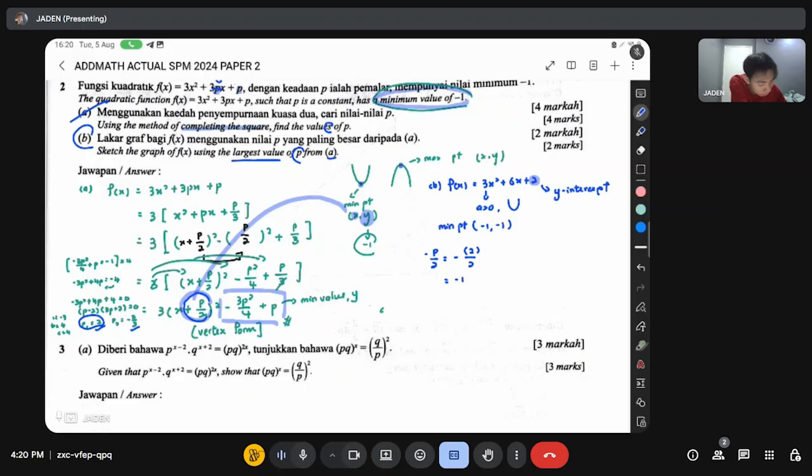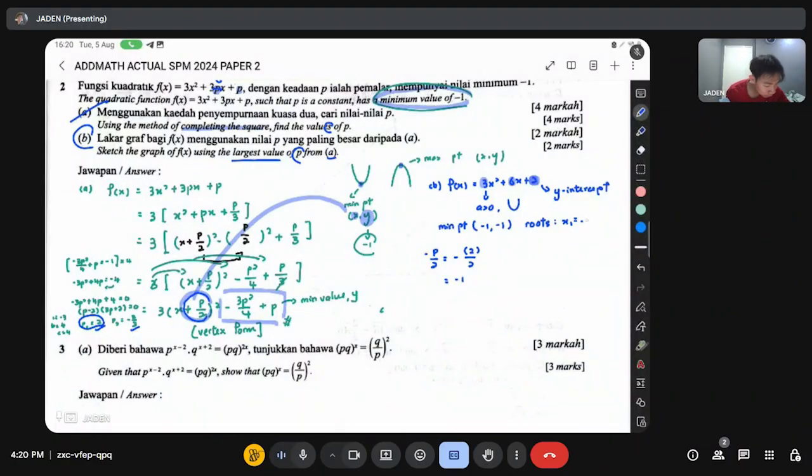What about my roots here? Roots means the values where the graph cuts through my x-axis. I press my calculator by keying in the a, b and c values. You key in 3, 6 and 2, and you're going to get 2 values. But of course, the values here are not that nice. You're going to get decimal answers.